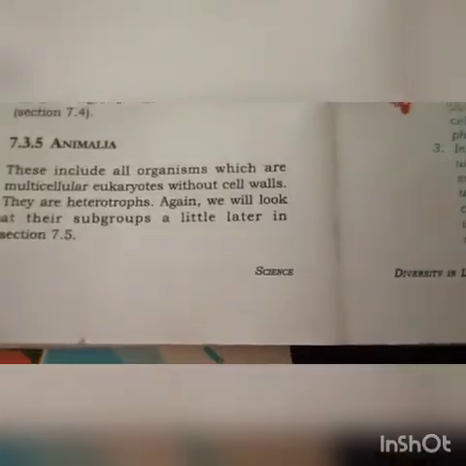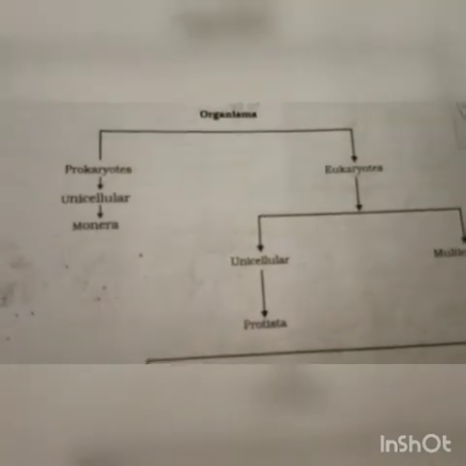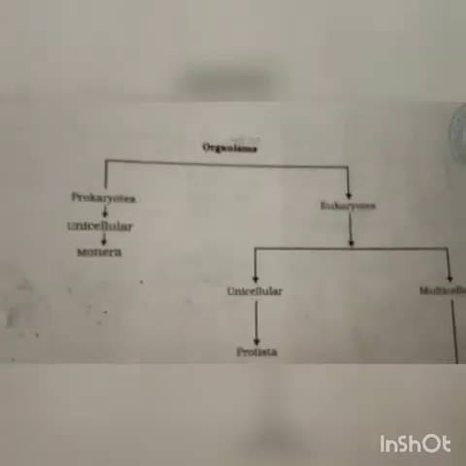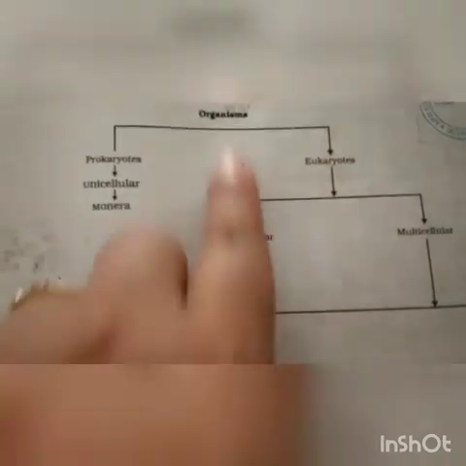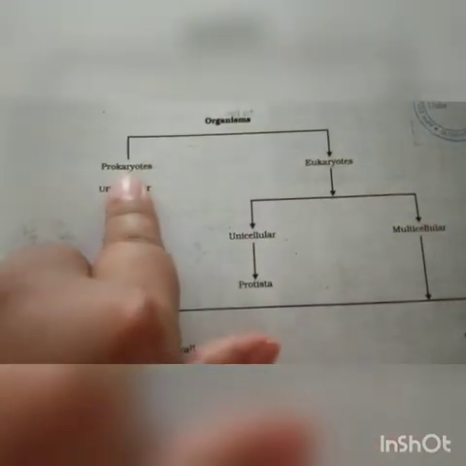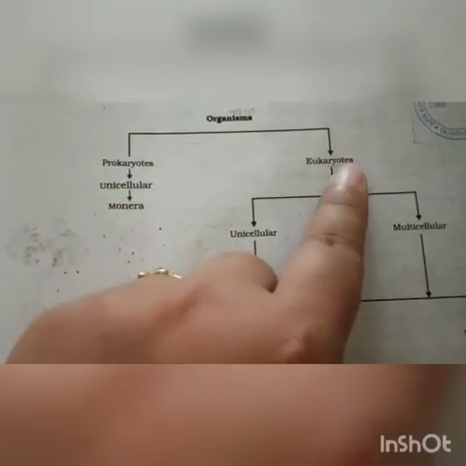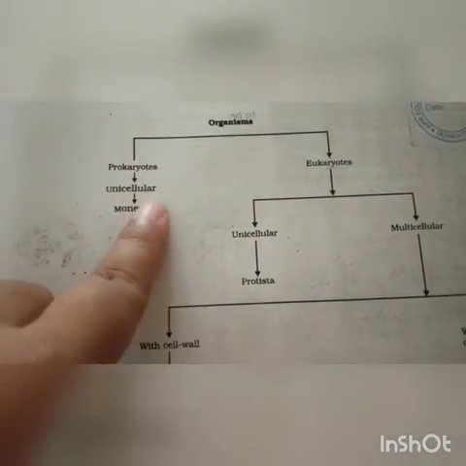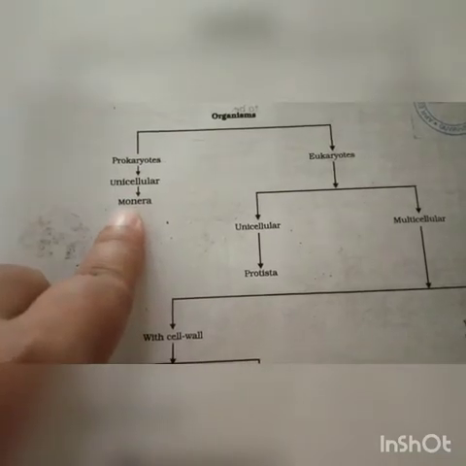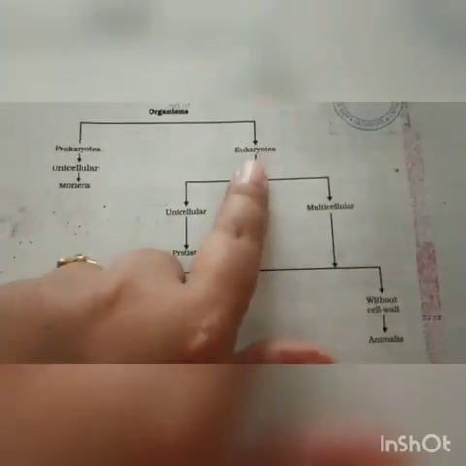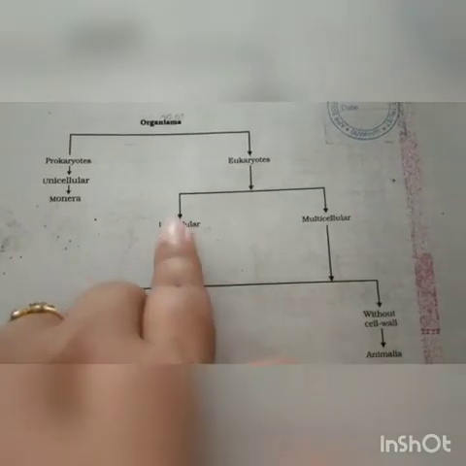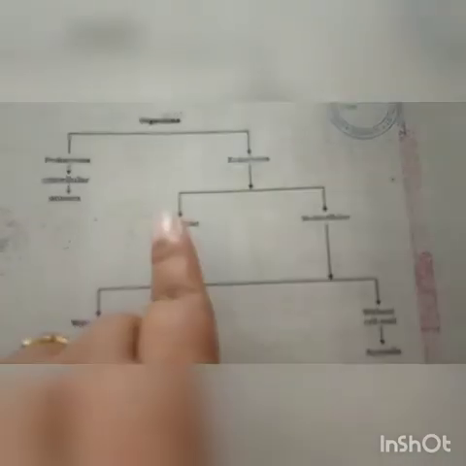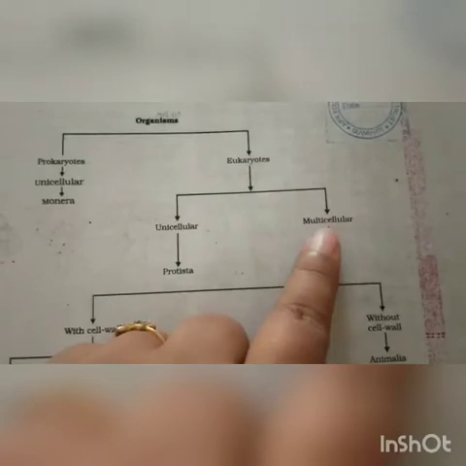Now here, I will show you the classification of organisms. Look how the organisms are classified. Organisms are divided into prokaryotes and eukaryotes. Under the prokaryotes, they contain the unicellular, and that is the monera. The eukaryotes are again divided into unicellular and multicellular.